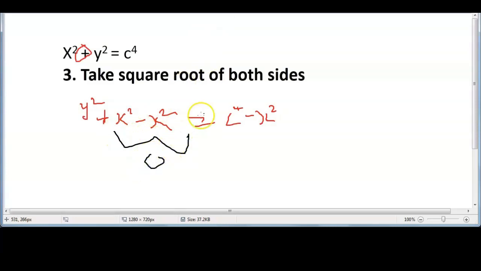So we are left with y squared on the left side is equal to c to the power of 4 minus x squared.